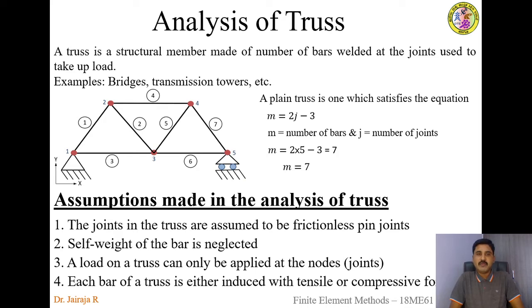Load should be applied only at the joints or at the nodes. Each bar of the truss is induced with either tensile or compressive forces. These are the 4 important assumptions.